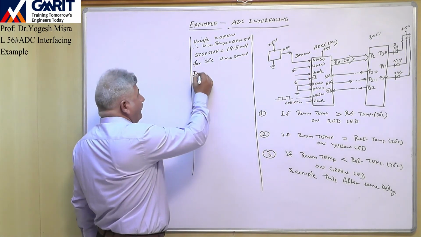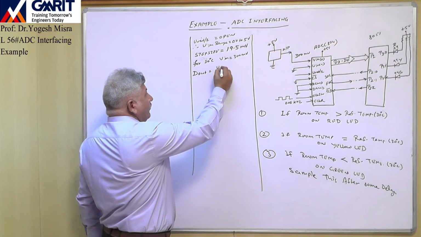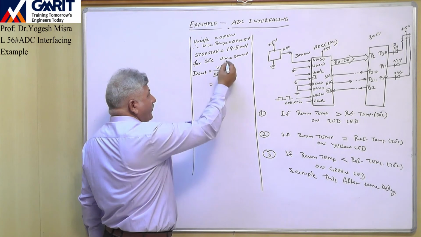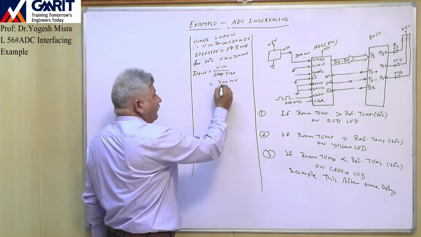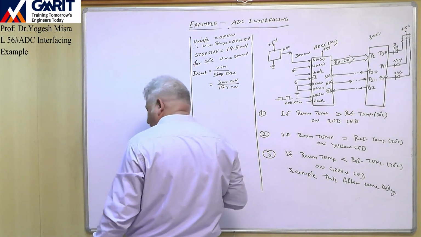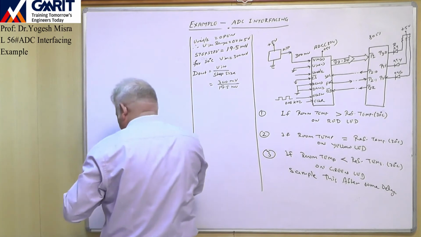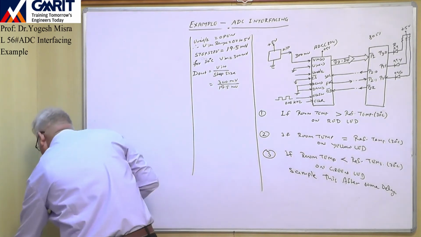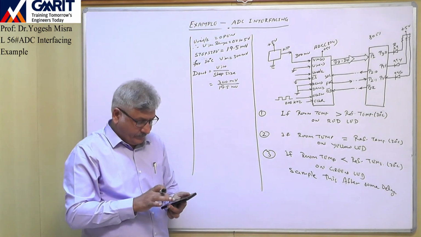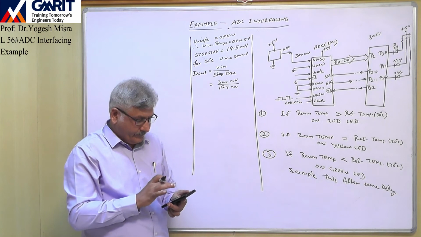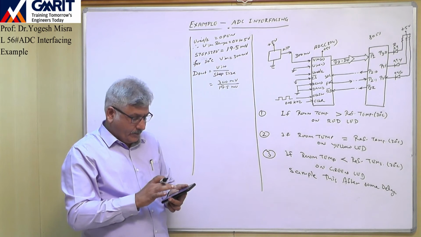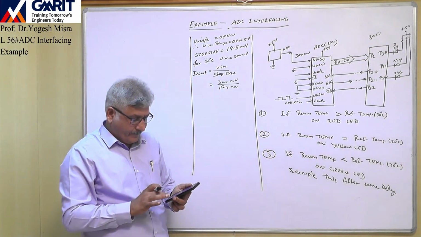So for that we will use the formula, digital output is V in divided by step size. So here V in is 300 millivolt divided by step size 19.5 millivolt. So we find out this value, divided by 19.5.